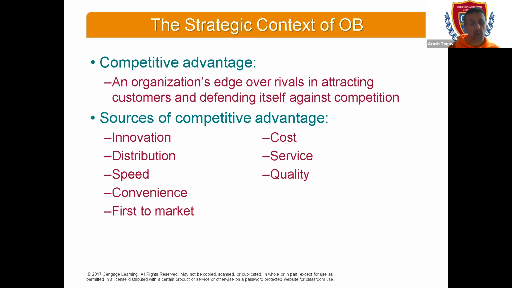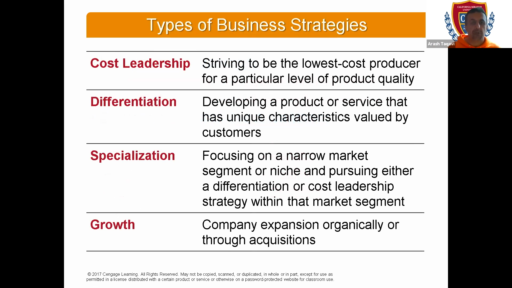Cost, service, quality, branding. Cost leadership, differentiation, specialization are types of business strategies. Cost leadership: striving to be the lowest cost producer for a particular level of product quality. The keyword is cost. What type of cost is good cost? The lowest cost. Differentiation: developing a product or service that has unique characteristics valued by customers.